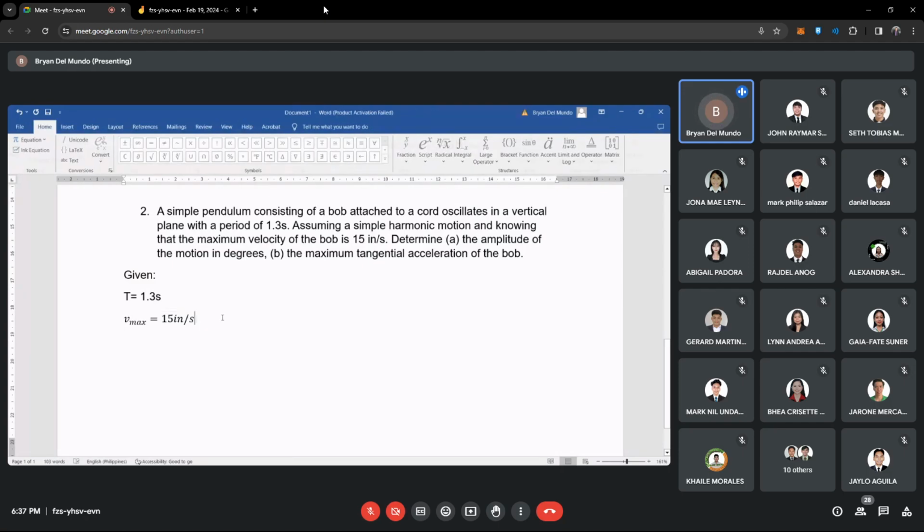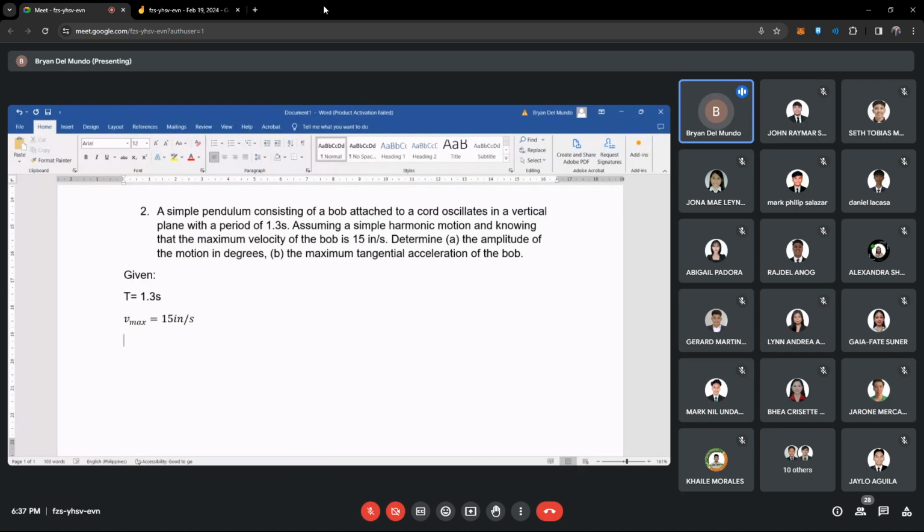So we need to identify the amplitude in degrees, or yung ating theta.